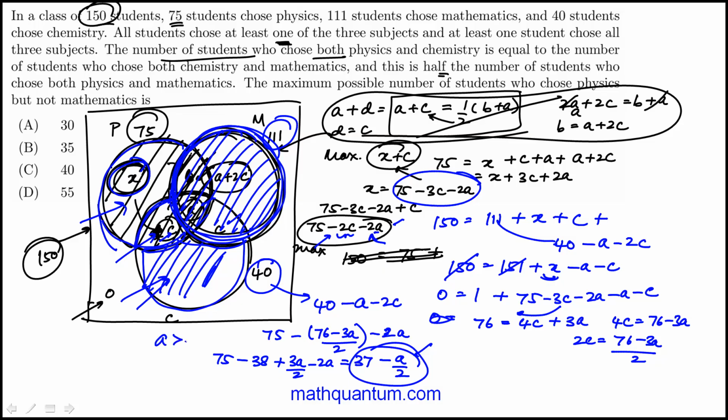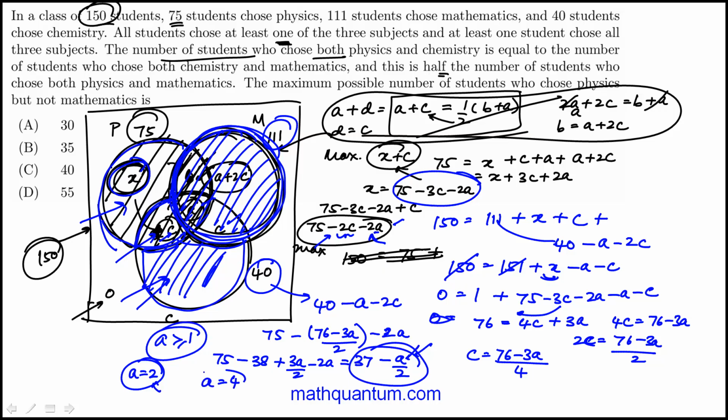Now, A has to be greater than or equal to 1. So the first temptation might be that A is 2. But that's not the case because C also has to be an integer. So that's the tricky part in this question. If you chose A equal to 2, you'll see C is not an integer because this would be 70 over 4. So you have to get to the next even number that's greater than 2.